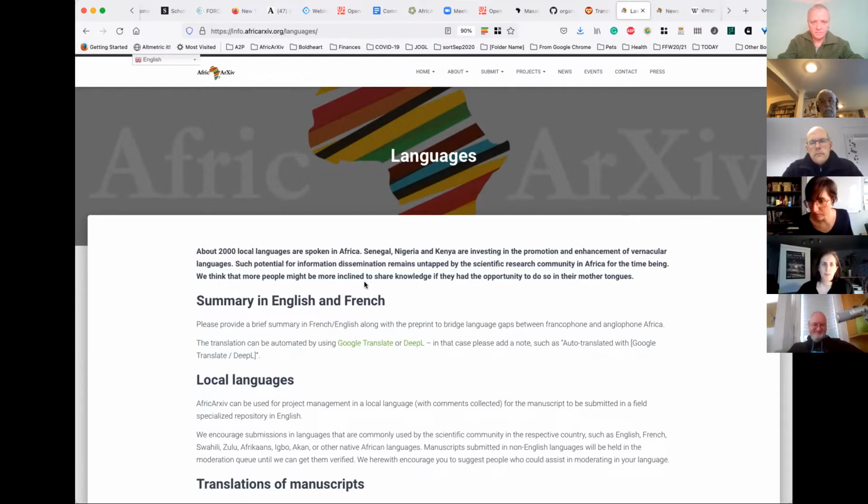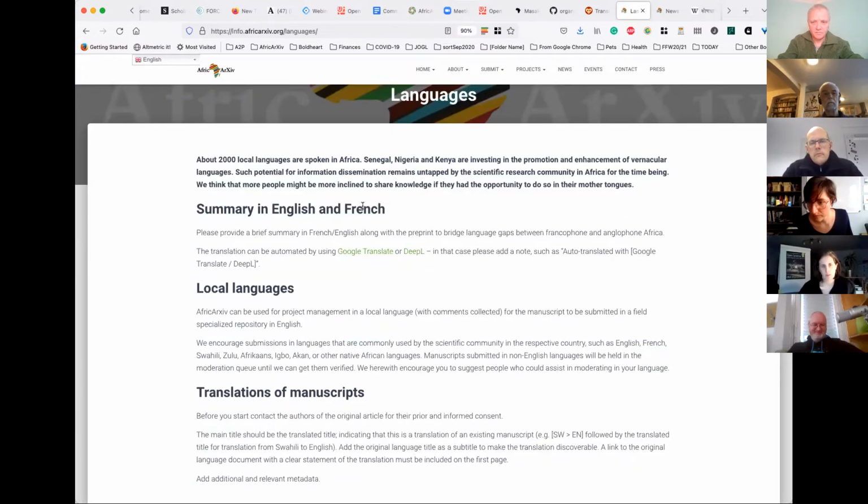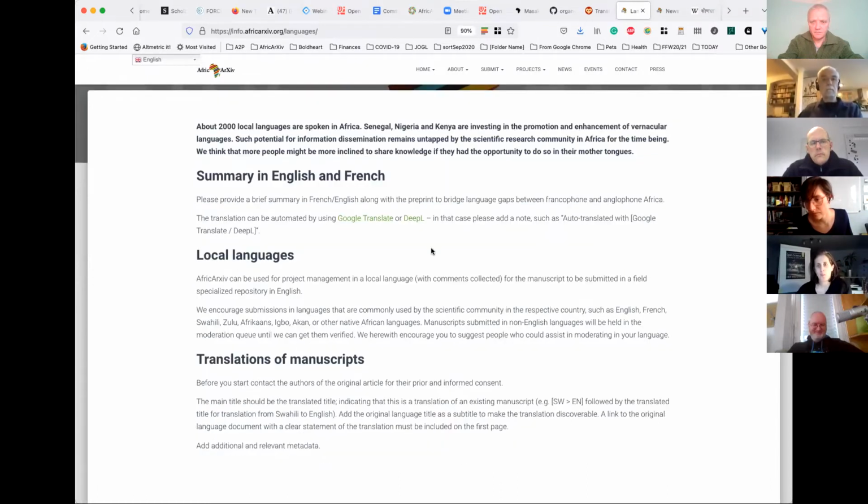There are more than 2,000 local or registered languages spoken on the continent. For some, we have dictionaries and written descriptions from linguistic work from inside and outside Africa.